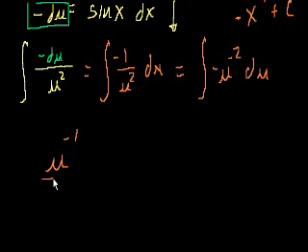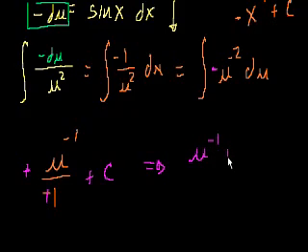And you had this negative that was sitting out there before, so that negative is still going to be there. And of course, you're going to have a plus c. This negative divided by a negative, they're going to cancel out. And so you're just left with u to the minus 1 plus c, or 1 over u plus c is the antiderivative.